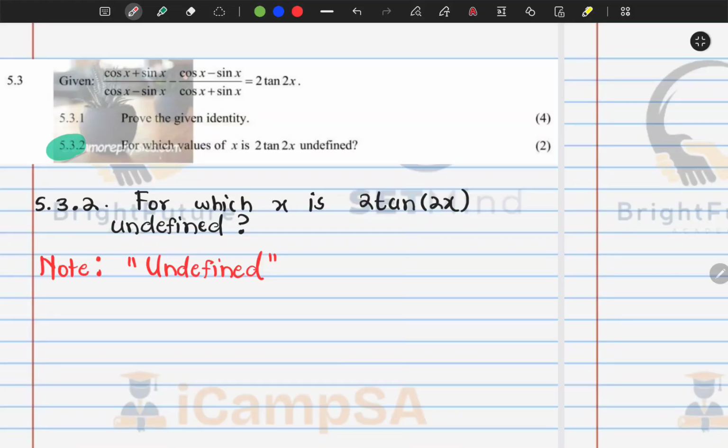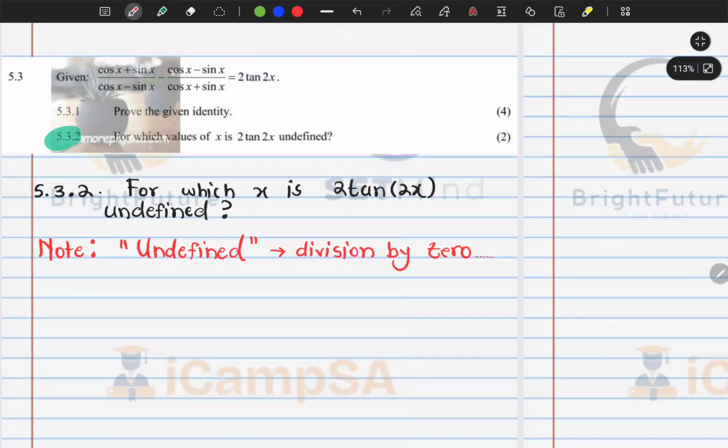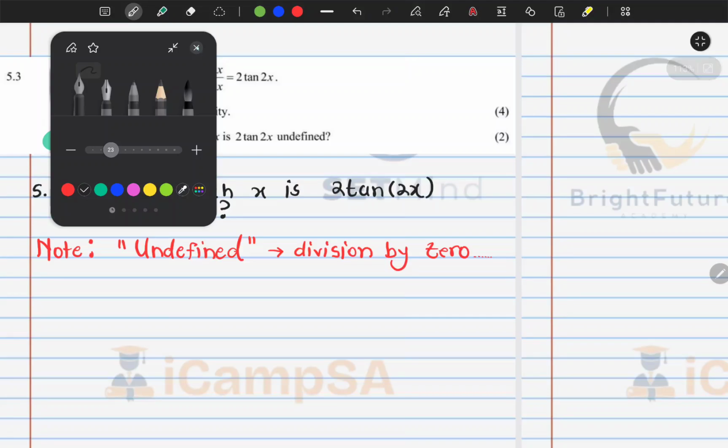in your trig, what essentially we want to evaluate is a division by 0. Once we have a division by 0, that is where we have an undefined. So what do I mean?